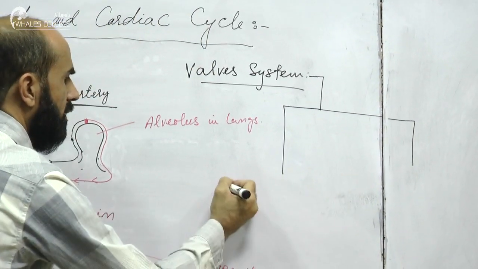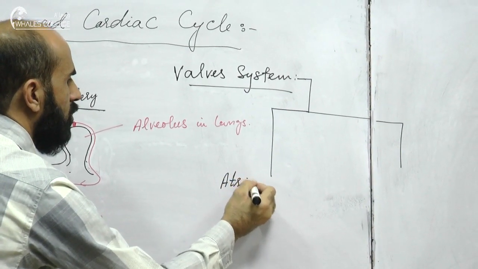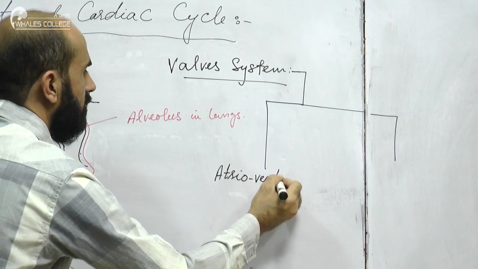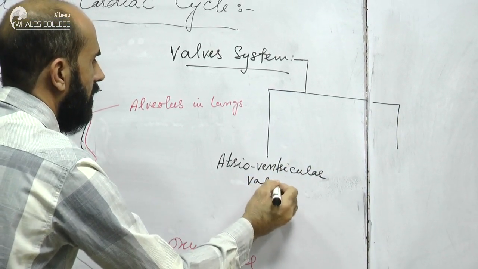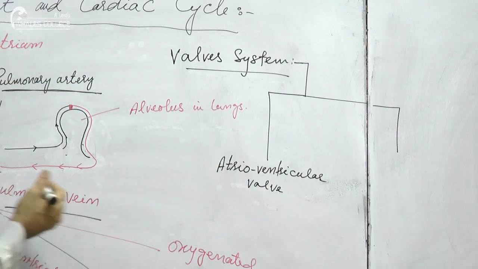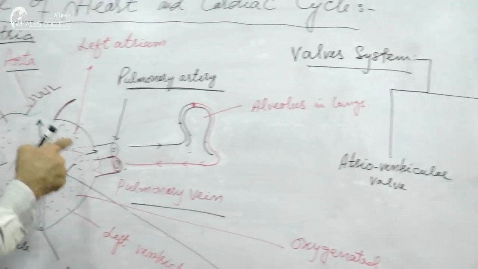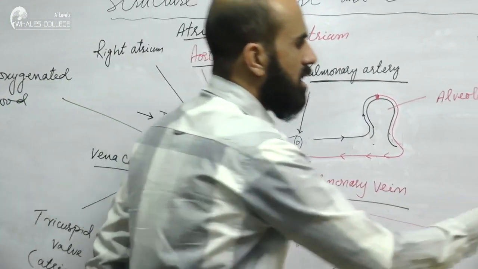One is called atrioventricular valves, I mean, the valves which connect the atrium with the ventricle. These 2 valves are known as atrioventricular.